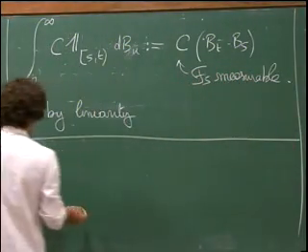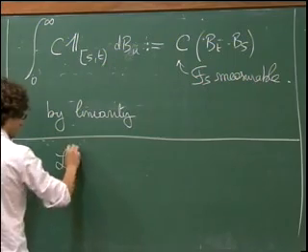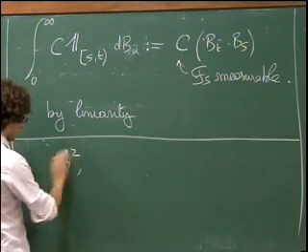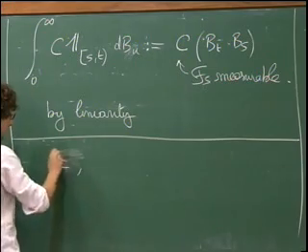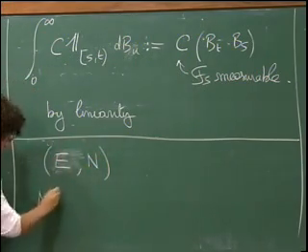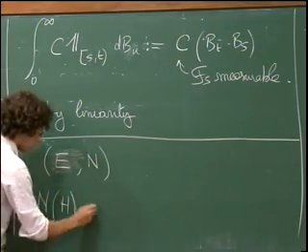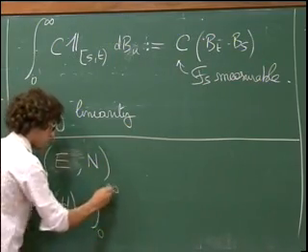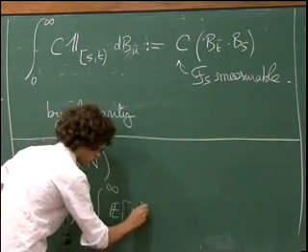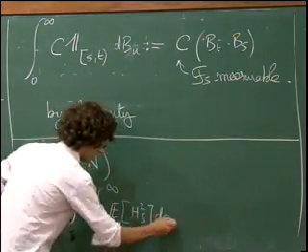So the natural set is the set, which I will call perhaps not L2, but let's say E, with the following norm. The norm of a process H will be the integral between 0 and infinity of the expected value of H_s squared ds.